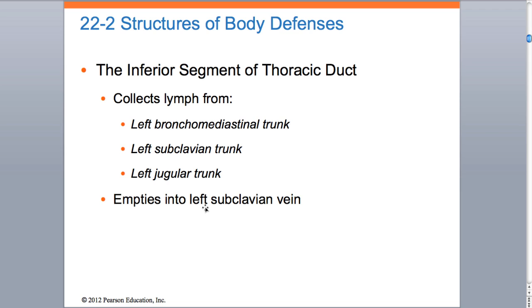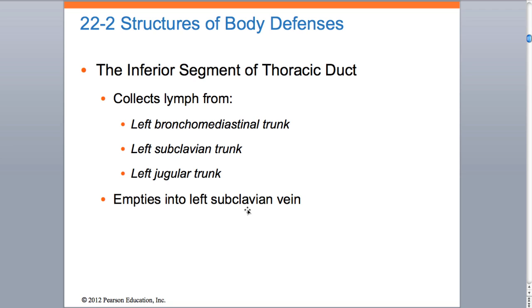This slide's important because this slide says thoracic duct, and as I said a moment ago, it's important. It collects lymph from these places: the left bronchomediastinal trunk, left subclavian trunk, left jugular trunk. And then notice it empties where? Into the left subclavian vein. That is very, very important.